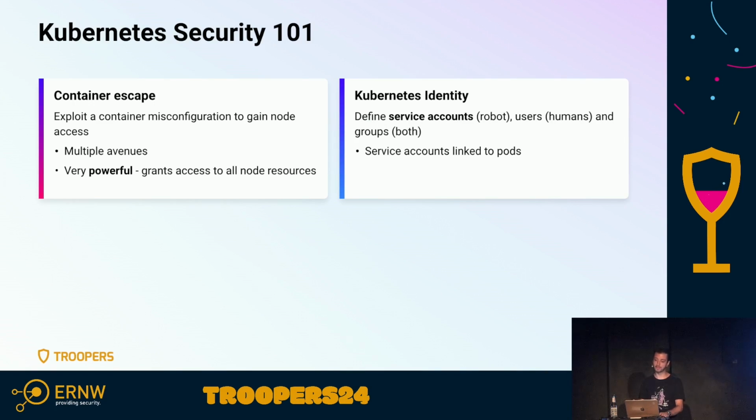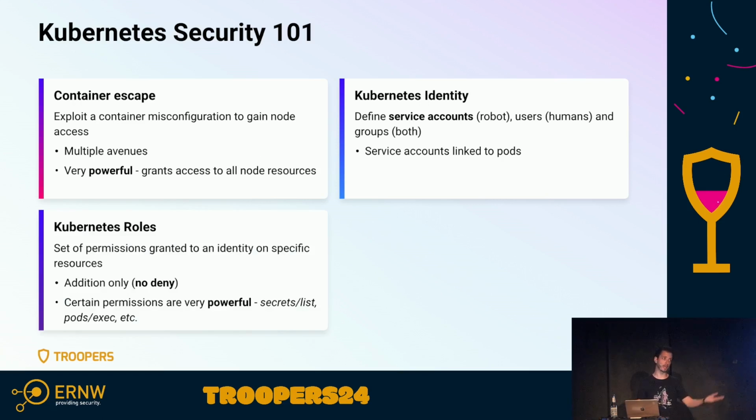After that you have Kubernetes identity. Everything that is run in a cluster is attached to an identity, usually service accounts that are linked to the container it is running under. And attached to that you have roles, and roles allow you to get resources from the API, and of course some of the resources have obvious security issues: if you can read the secrets, that's going to be an issue, or if you can execute into a pod, and so on.